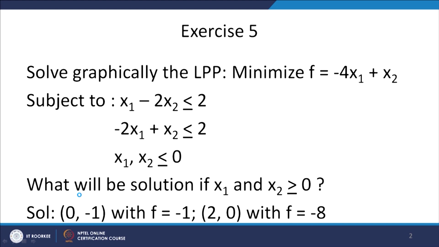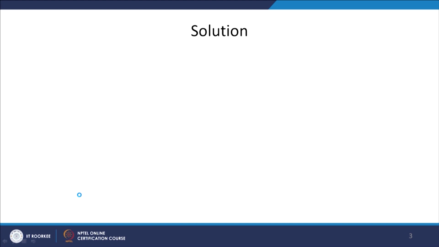Now, let us try to solve this problem with the help of the graphical method. The given problem is minimize f equals minus 4x1 plus x2 subject to x1 minus 2x2 less than or equal to 2, minus 2x1 plus x2 less than or equal to 2, and x1 and x2 both less than or equal to 0.